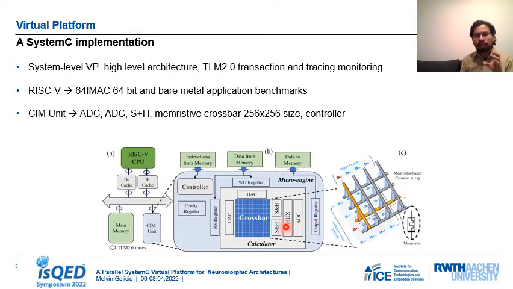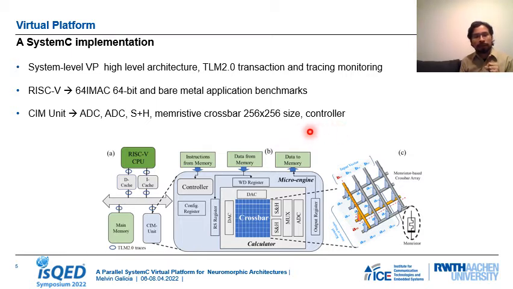When you zoom in on the crossbar, you will see that it is based on memory stores, and they can have different sizes. It's configurable, but for this study specifically, we decided to use a value of 256 by 256, meaning that the biggest vector that you can multiply with a matrix is 256 by 256.